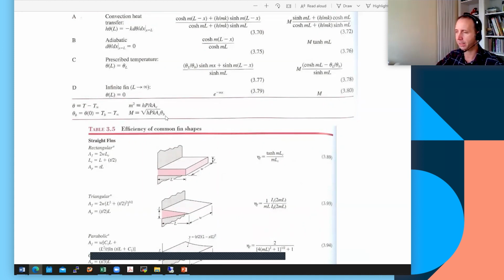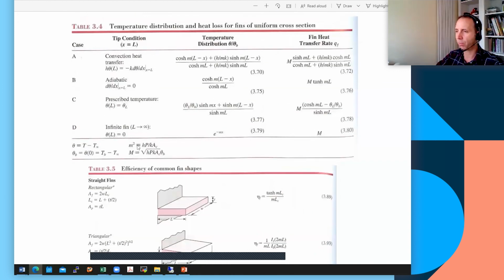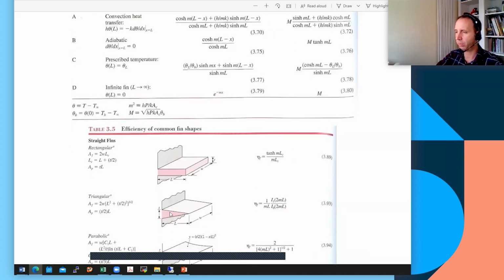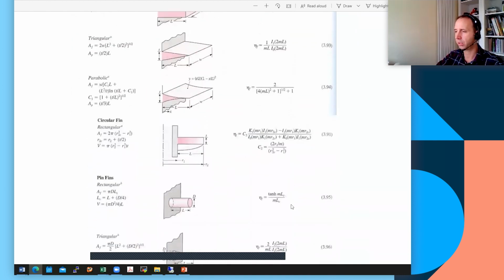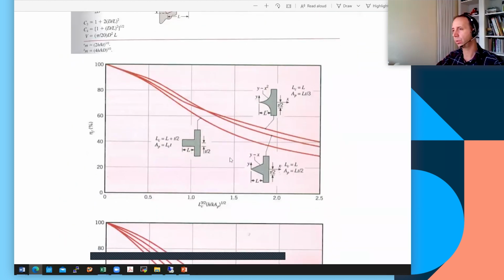That would be AC, for a constant, uniform cross section, so there is a single AC defined. If you move to these more exotic shapes, the area of the cross section changes, and that's why this capital M is not used anymore at any stage. If you have a non-constant cross section, you can use these graphs instead of the formula.